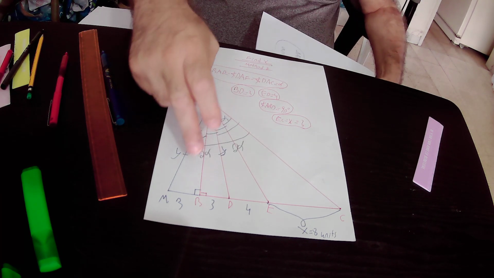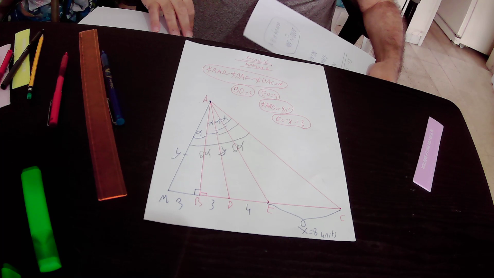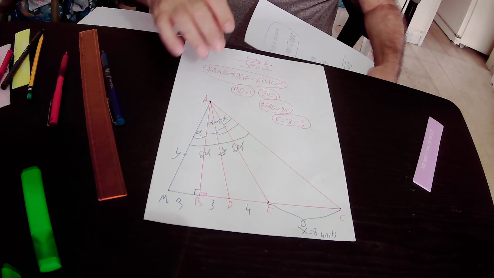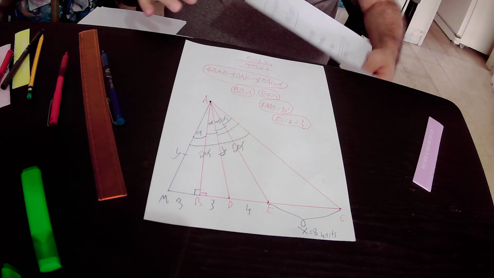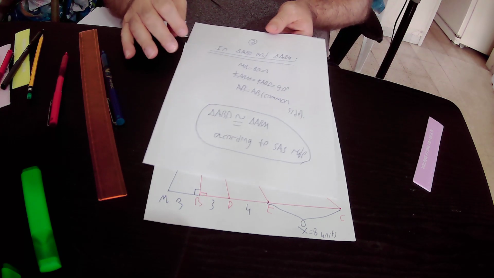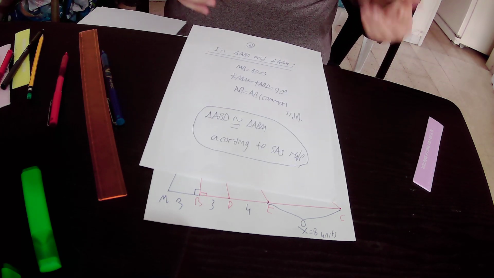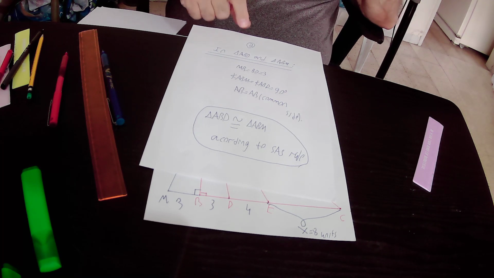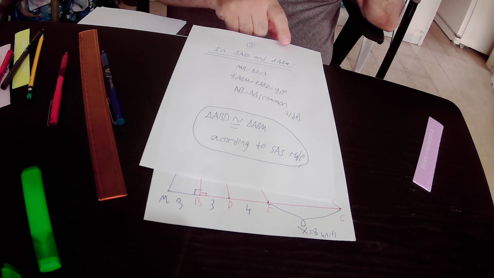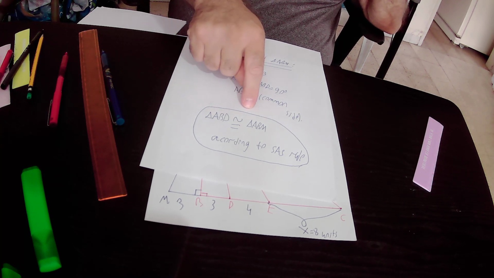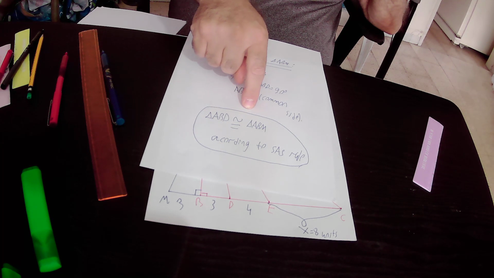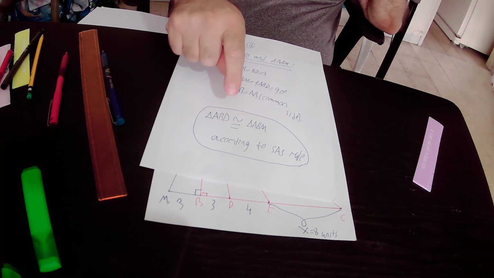And also AB equals to AB. AB is the common side, it belongs to both triangles. So therefore we actually proved that triangle ABD is congruent to triangle ABM according to the side angle side rule.